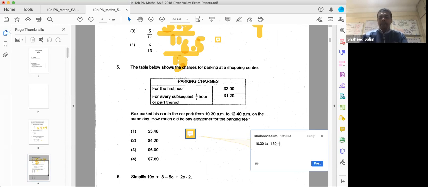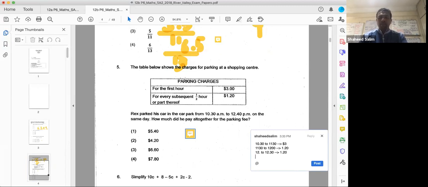So this one is $3. Then from 11:30, after that is half an hour. So 11:30 to 12 o'clock, right? This is $1.20. Then 12 o'clock to 12:30 because half an hour, this is another $1.20.